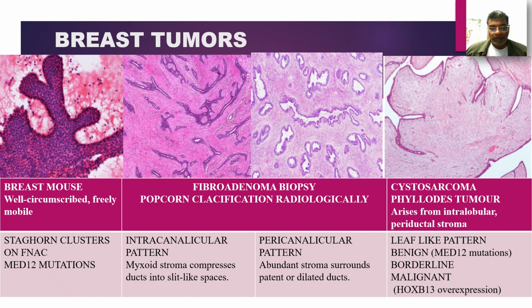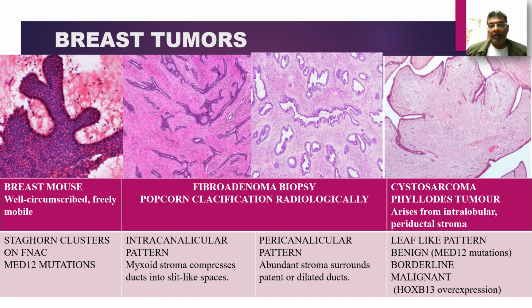Coming to the histopathology, fibroadenoma is a stromal tumor and it is a benign tumor. Radiologically, it can show a popcorn calcification, and on biopsy, you will appreciate two types of patterns. One is the intracanalicular pattern and the other is the pericanalicular pattern.